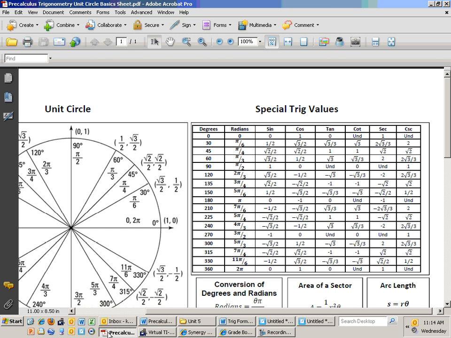90 degrees is pi over 2 in terms of radians. Well, so Whitney asks a very good question. Should we memorize this? Generally speaking, most of these values on this table, over time, it's nice if you can memorize it. Most of it I have been able to memorize.